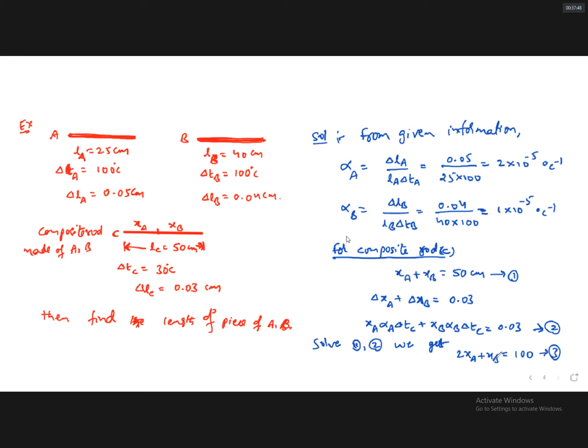So XA plus XB is 50 and 2XA plus XB is 100. By subtracting, XA is equal to how much? 50.